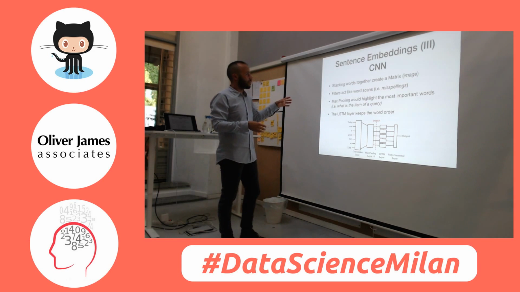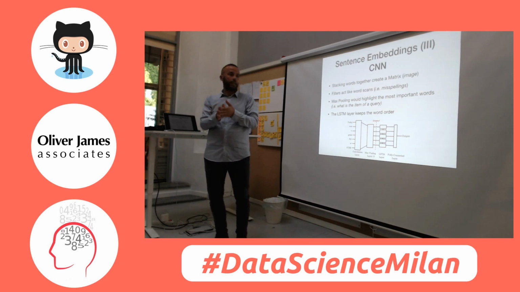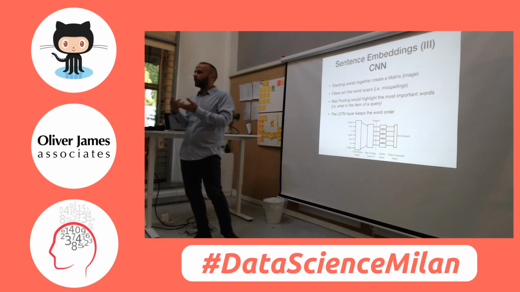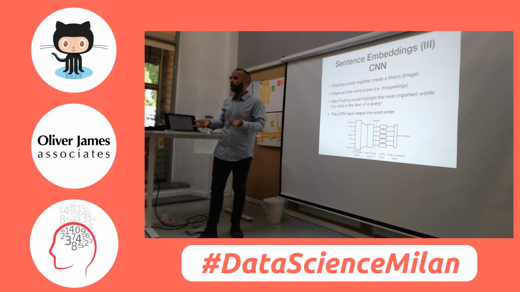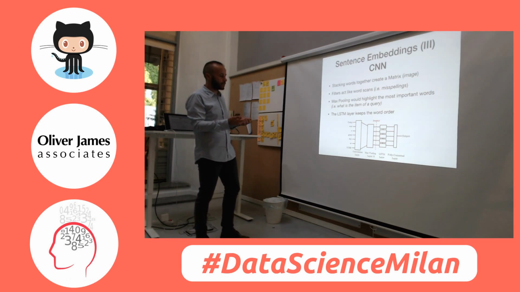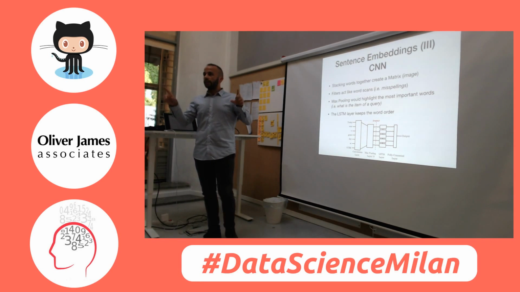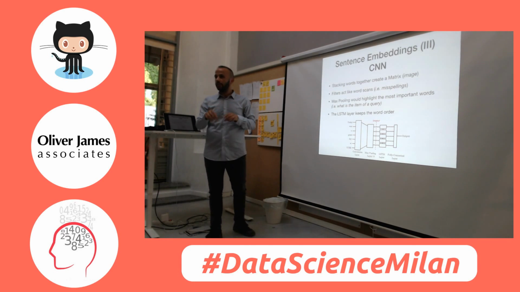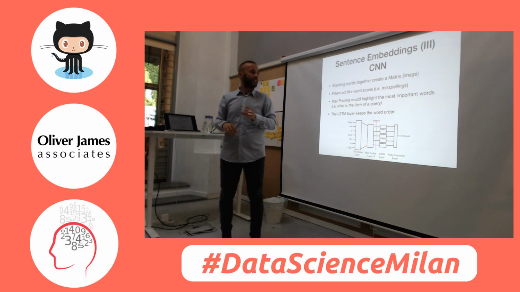And the first thing I used was CNN, which is a convolutional neural network. Whenever you read an article, whenever you Google it, the first thing is going to be something about computer vision, because CNNs were born for computer vision problems. The idea is that a picture can be represented with a matrix.